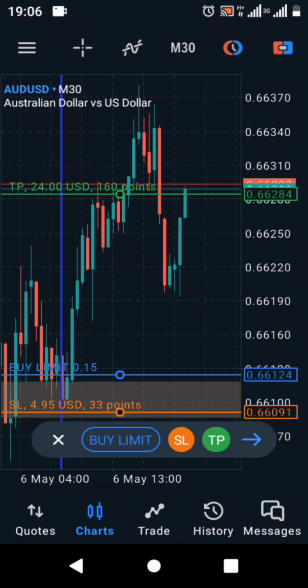When you swing trade, you put on smaller lot sizes, because if you place bigger lot sizes, there's a higher chance of you getting a crazy drawdown, and there are fewer trading opportunities as compared to intraday trading.